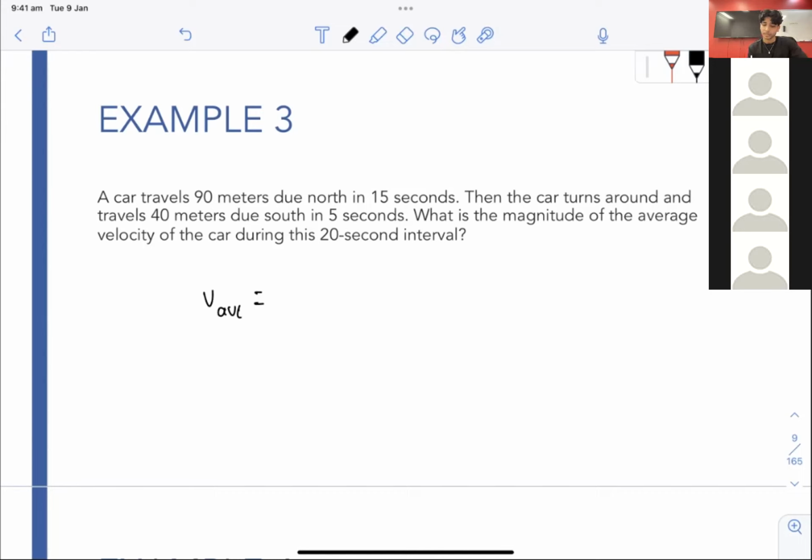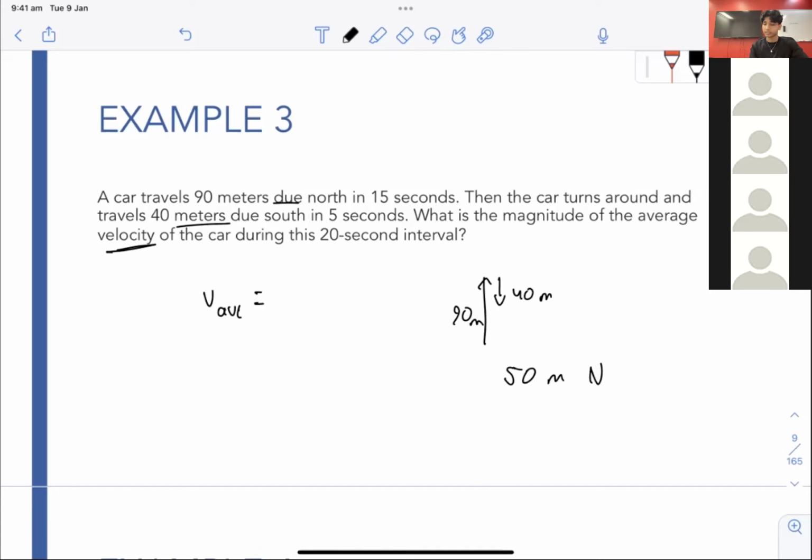All right. So what we do is recognize that velocity is to do with direction, meaning the 90 meters north and the 40 meters south are going to interact. What that means is moving 90 meters north and then 40 meters south will result in a displacement of 50 meters north.